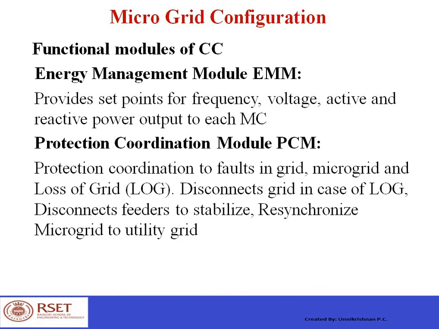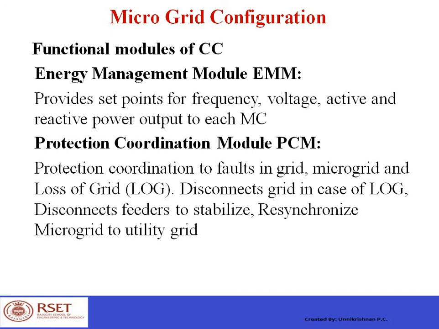The protection coordination module takes care of protection: protection coordination for faults in the grid, the microgrid, and loss of grid. Loss of grid means sometimes the grid is disconnected. It disconnects the grid in case of loss of grid.